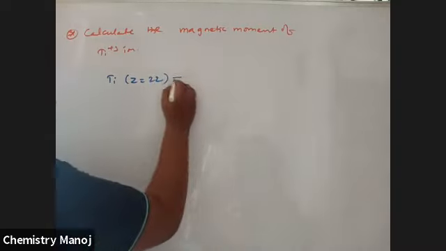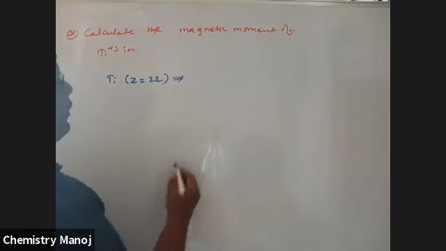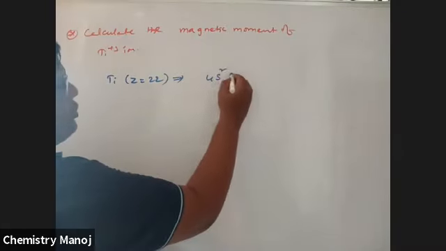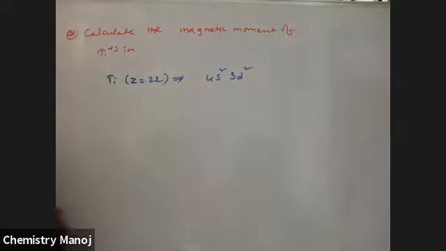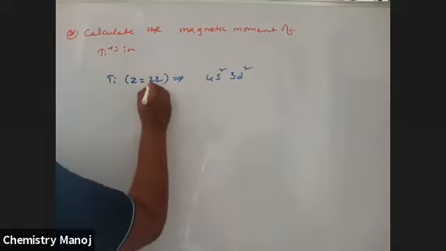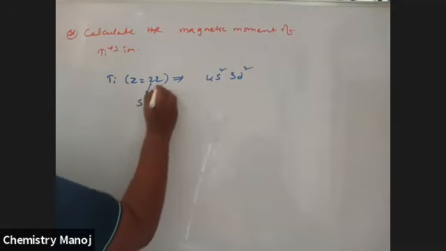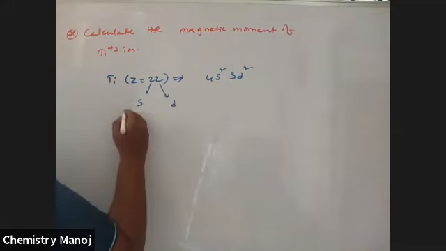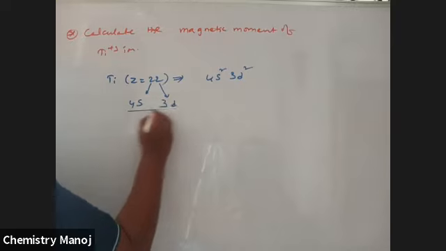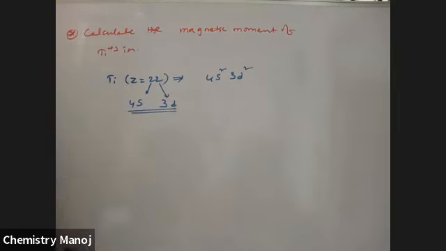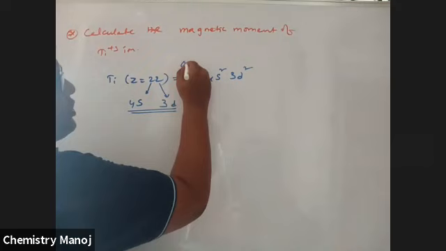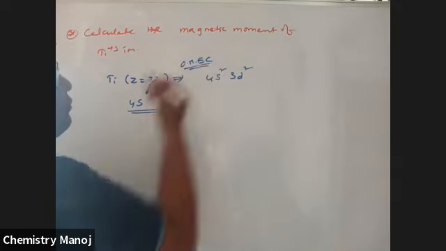So Z is equal to 22 means the electronic configuration is 4s2 3d2. One 2 is for s, another 2 is for d. It is the 4s orbital and the 3d orbital. This is the simplest way of representing the outermost electronic configuration.